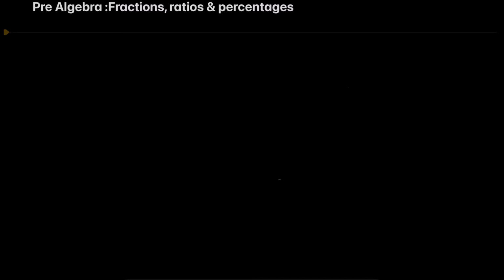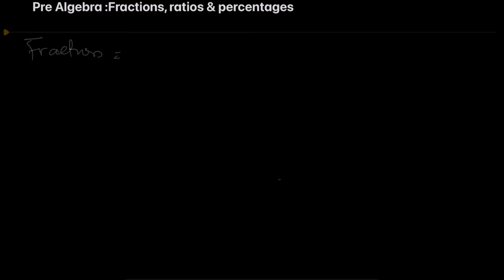So basically, what is a fraction? A fraction is just when you have a number, an integer, divided by another integer. If you remember, in one of the classes we talked about what an integer is.